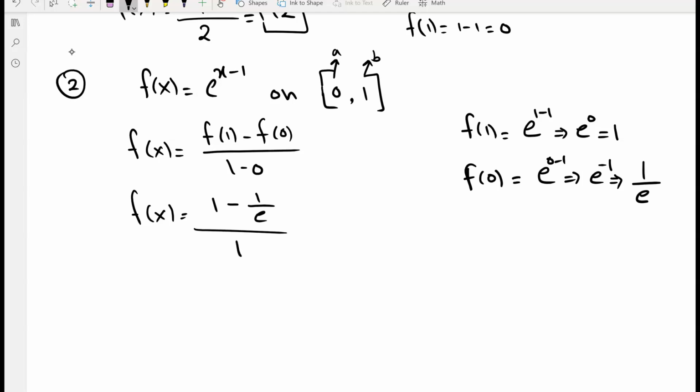Dividing over 1 is the same thing, so you will have 1 minus 1 over e. You can also get a decimal value from the calculator, but you can keep this as your answer. No problem, this can also be your answer. Good. So this is how you calculate the average rate of change, no matter what function is given.